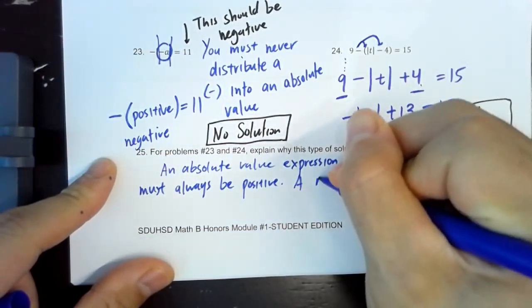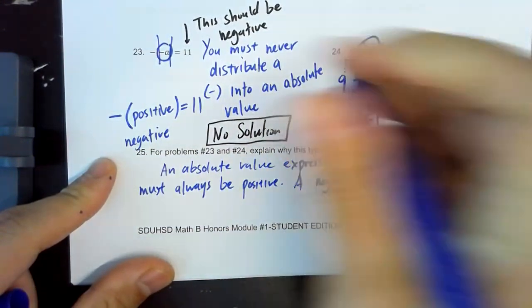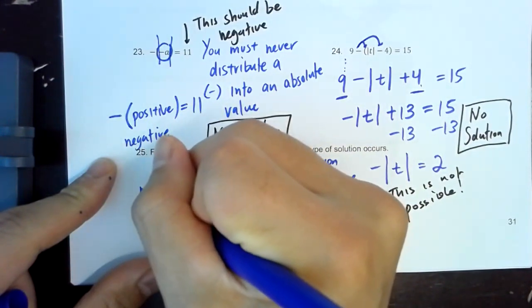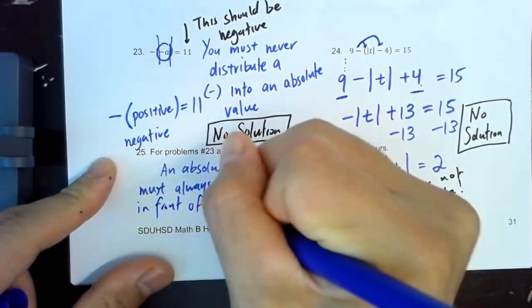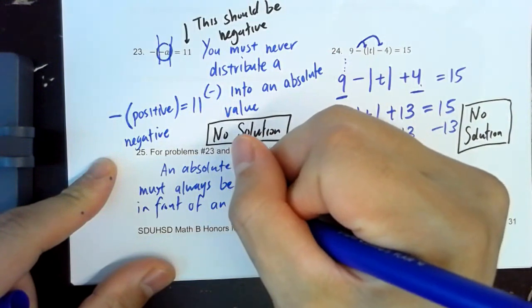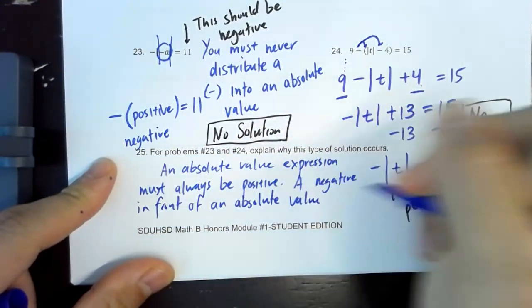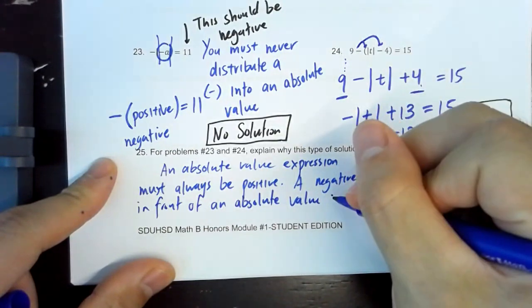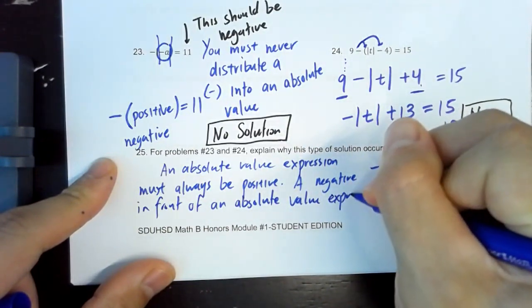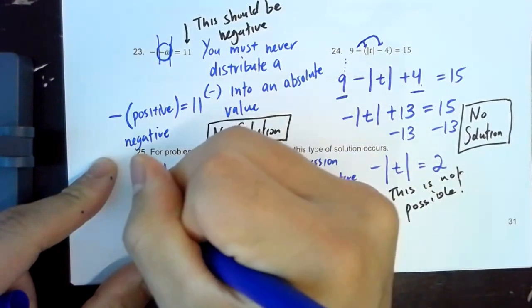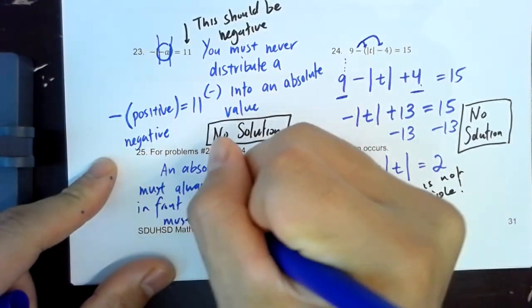A negative in front of an absolute value expression must always be negative.